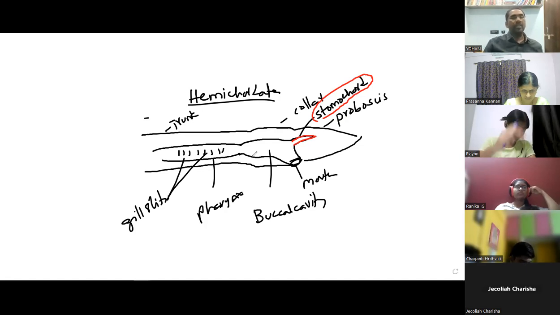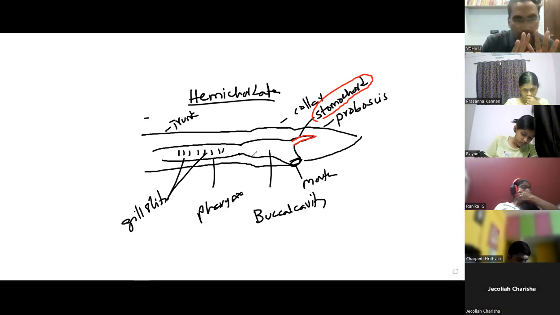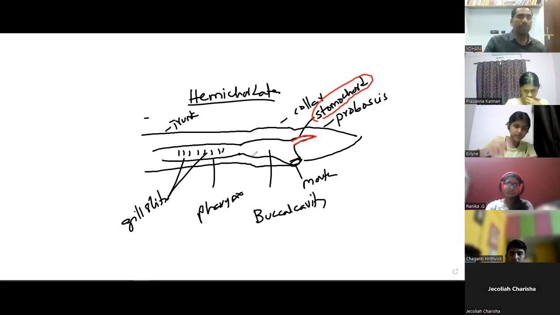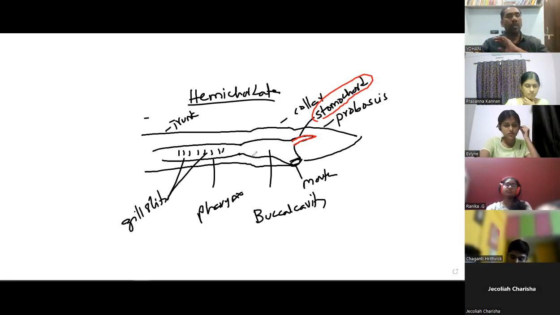Later, the scientists finally concluded that this is not a chordate, and what they thought was a notochord is not a true notochord. It is a simple outgrowth of the buccal cavity, what we call stomochord. Now, very important: stomochord is similar to notochord, but it is not a true notochord.